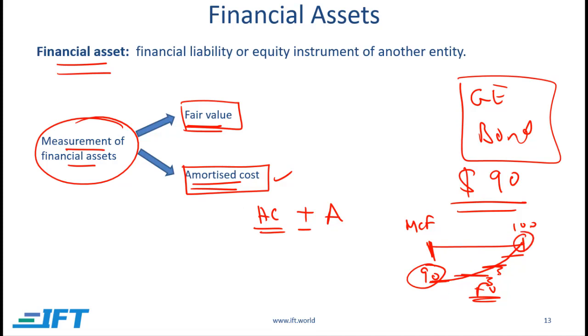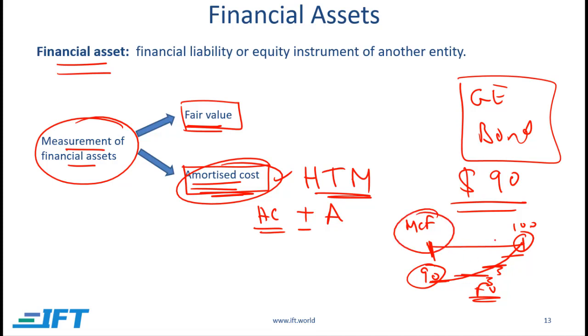So if the market price fluctuates up and down, that does not make any difference to Microsoft. Therefore, holding such a bond at amortized cost makes more sense. This category is also referred to as held to maturity, and that makes sense given the fact that the company intends to hold that instrument till maturity.